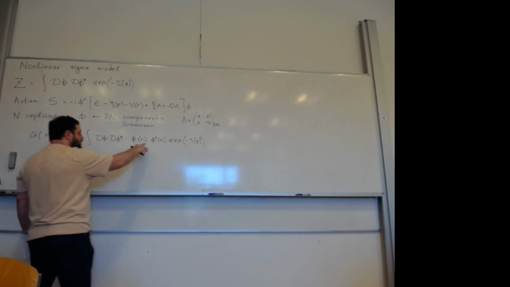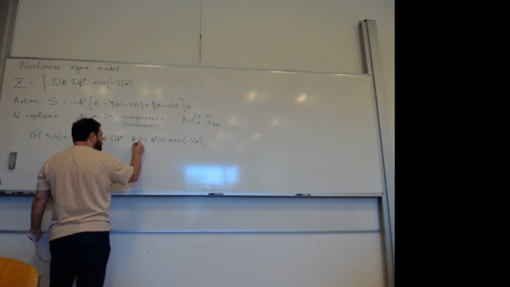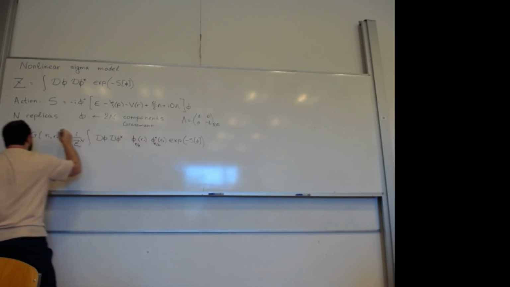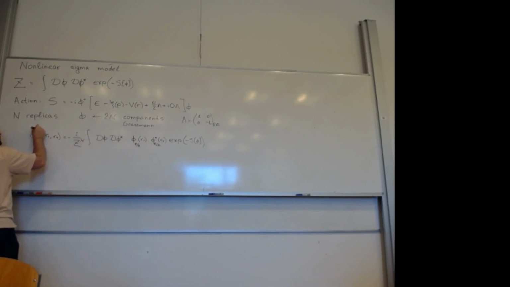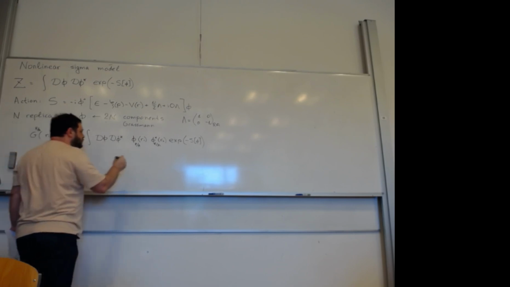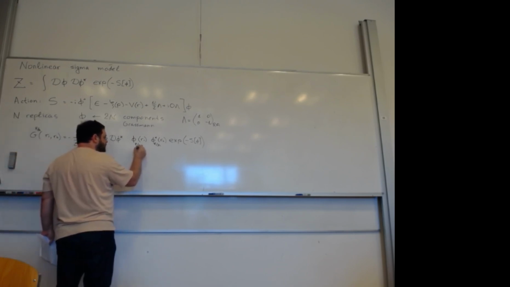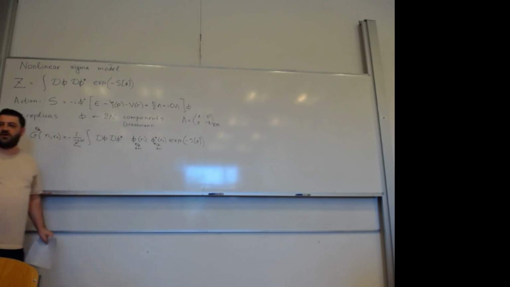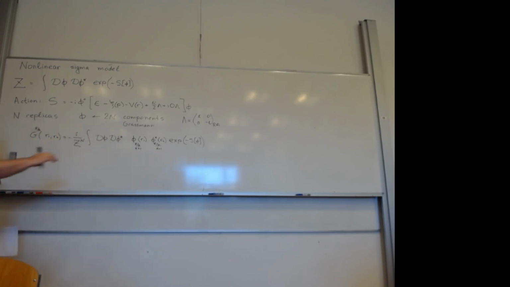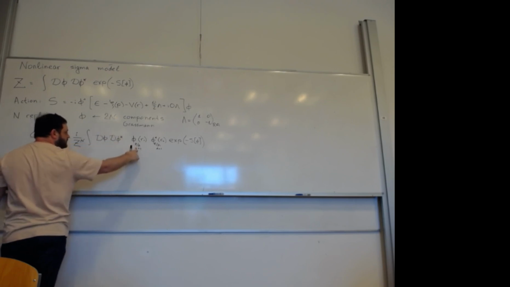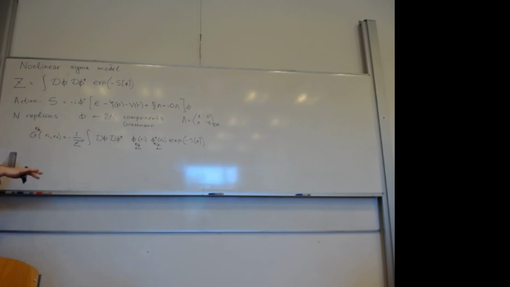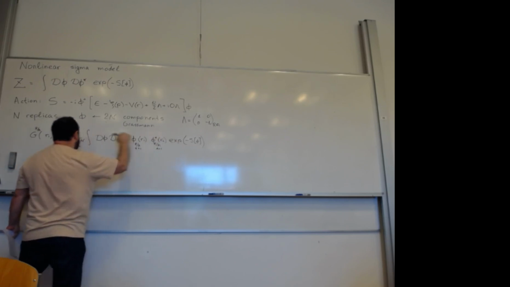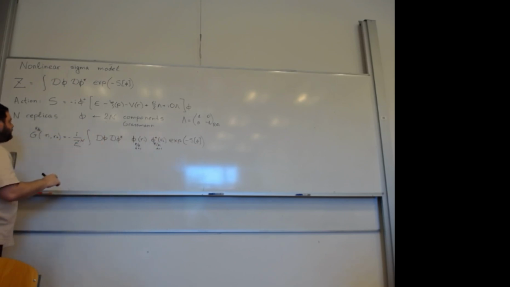And for the fields phi, we take either the retarded or advanced component, depending on whether we want to compute the retarded or advanced Green function, and take this field just from replica number 1. So we have many components, we take just one, say from replica number 1, and the other replicas do not have this phi here, so they will actually cancel the denominator.